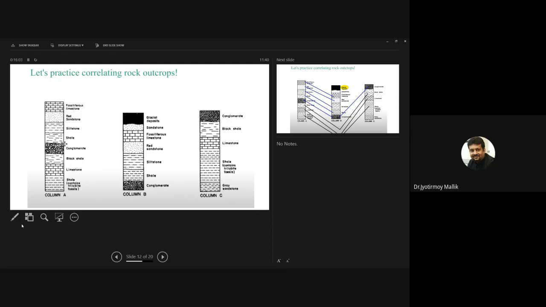One of the other index horizons that we can use for correlation is conglomerate. Let us try to see if we can find conglomerate in all three of them. You can see here, I can find conglomerate here, and I can find conglomerate here. So I will perhaps correlate this.